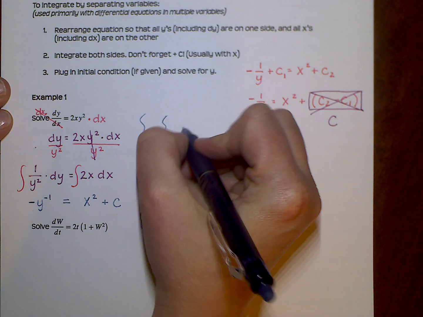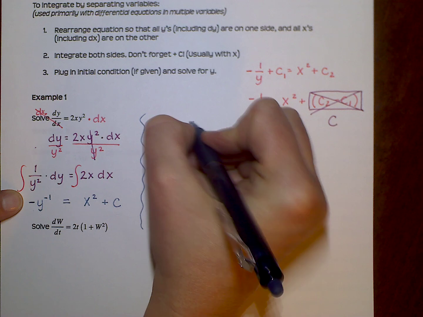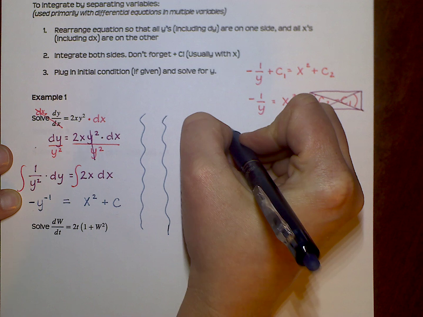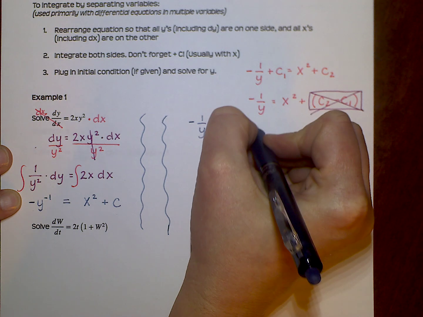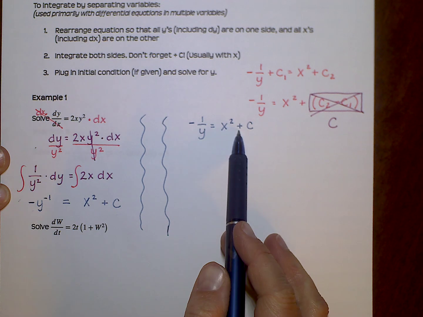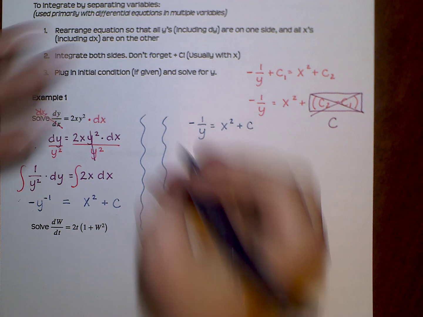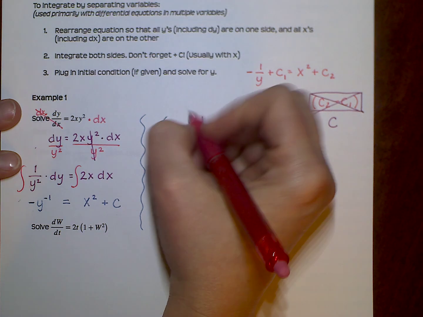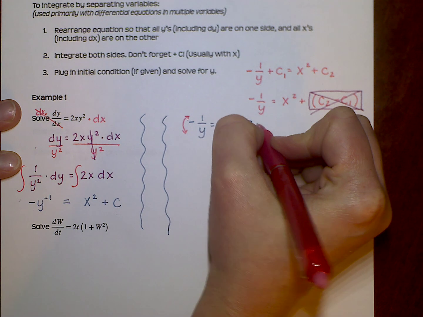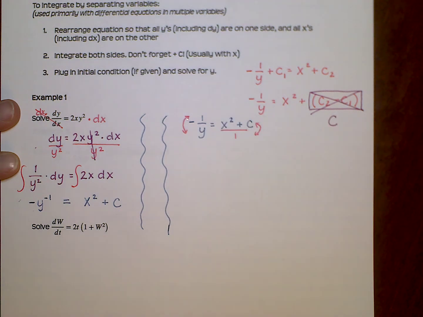And now I'm going to take this and rewrite it as -1 over y equals x squared plus c. So now I'm trying to solve for y. That's my goal here. I could multiply by y on both sides, but I think the easiest way is to flip this side around, which means I'm going to take this thing over 1 and flip both sides.